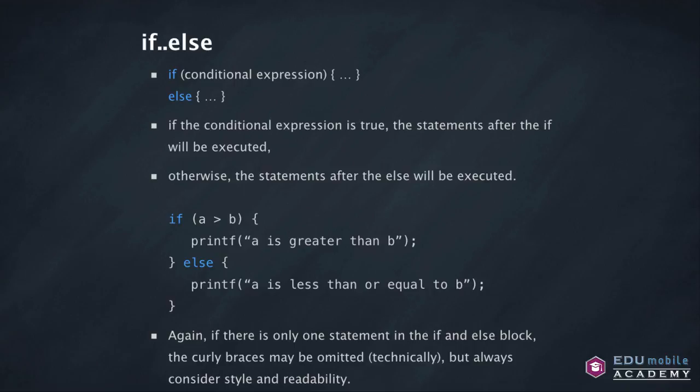Again, we can omit the curly braces if there is only one statement, but always consider the style and the readability of what you've written. So there's an example here. If a is greater than b, we want to print out a is greater than b. Else, we print out a is less than or equal to b. So those are the two cases.